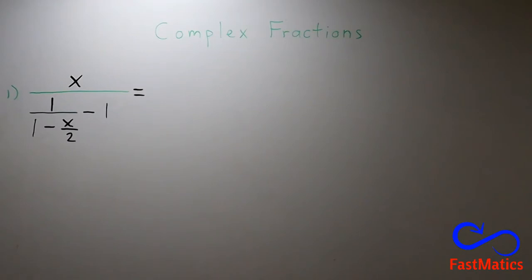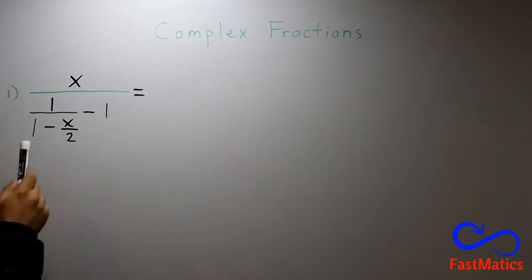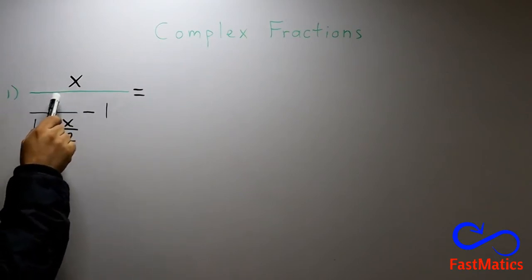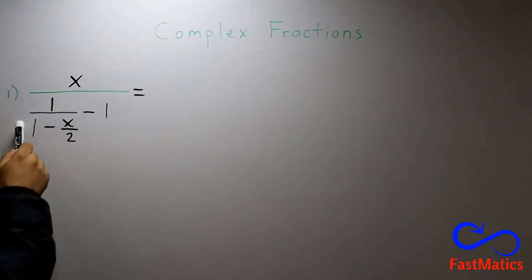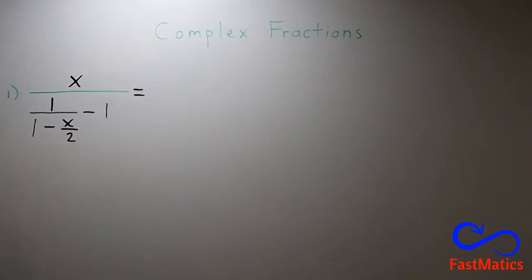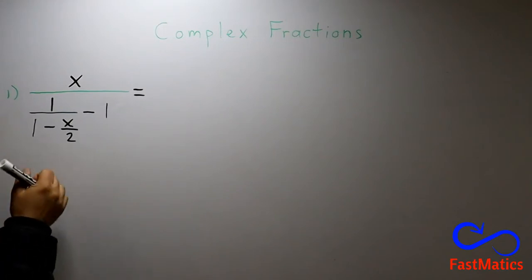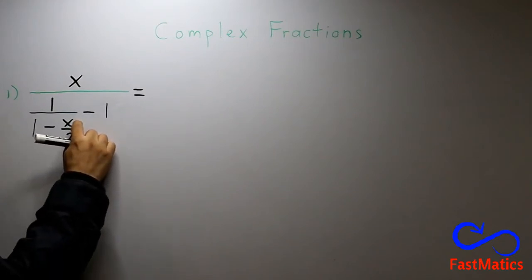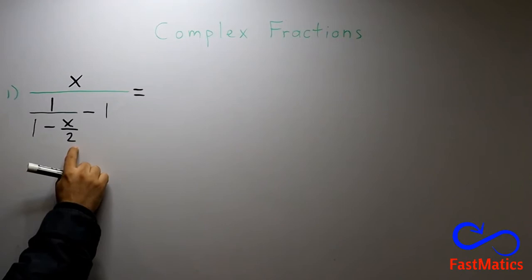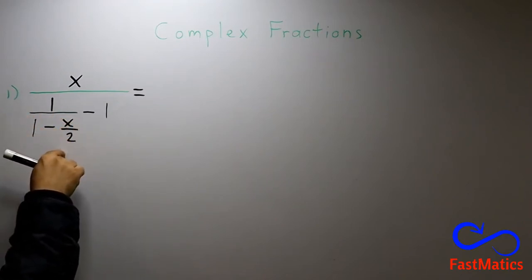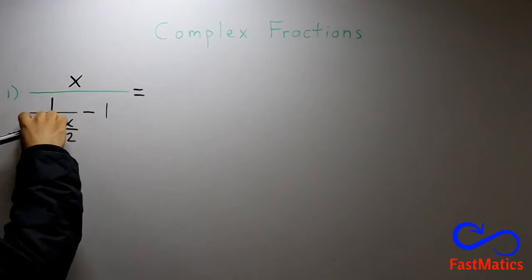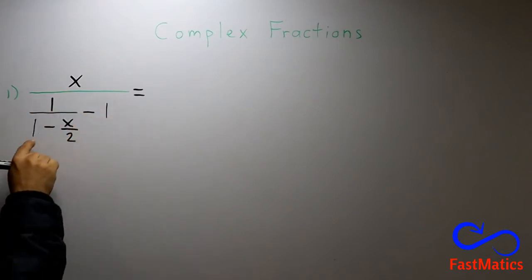So I have to find the simplest denominator. After that I can see that here I have a numerator and a complicated, less complicated but still complicated denominator. But after that, I can see here that I have a simple numerator and a simple denominator. So let's start here. You have to calculate this fraction.